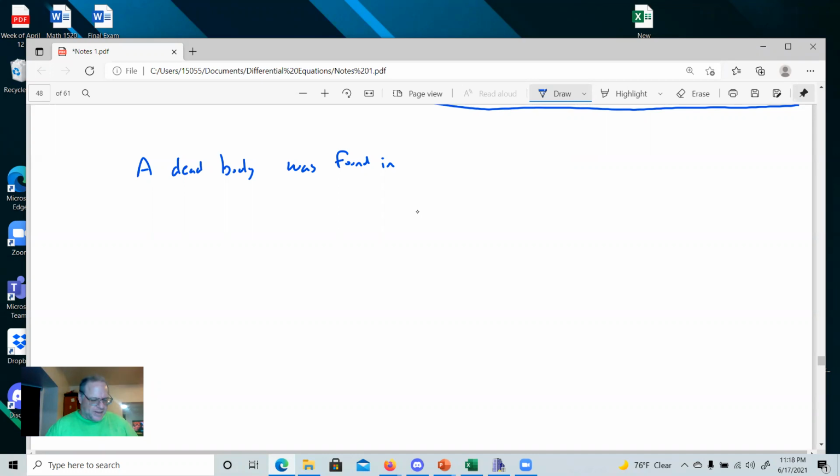So where were we? We had a dead body was found in a closed room of a house that was kept at a constant 65 degrees Fahrenheit.